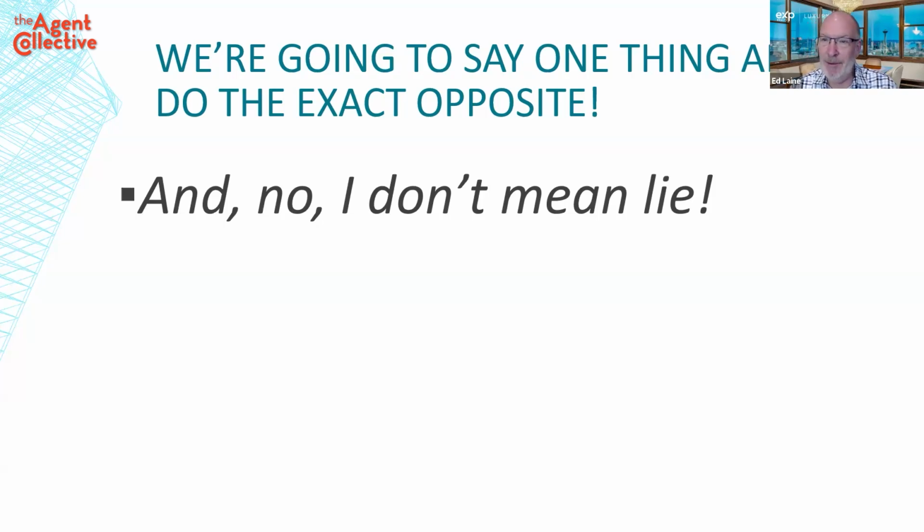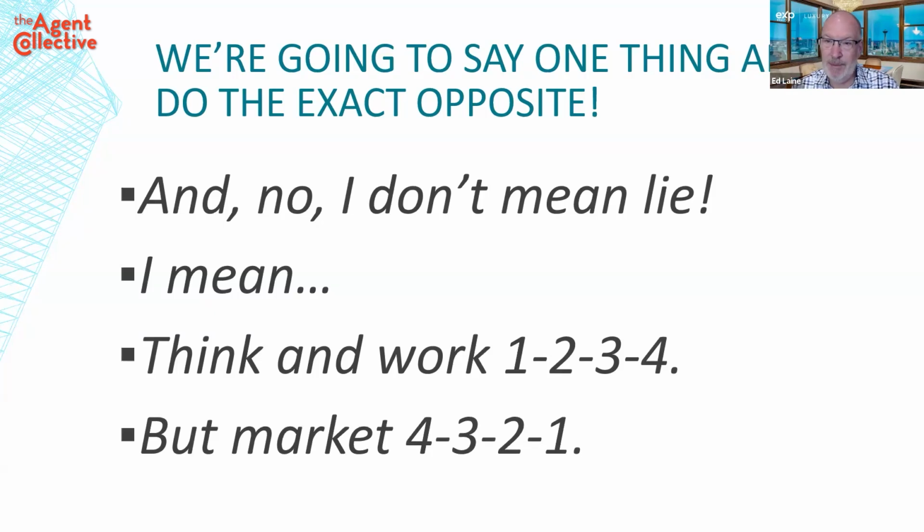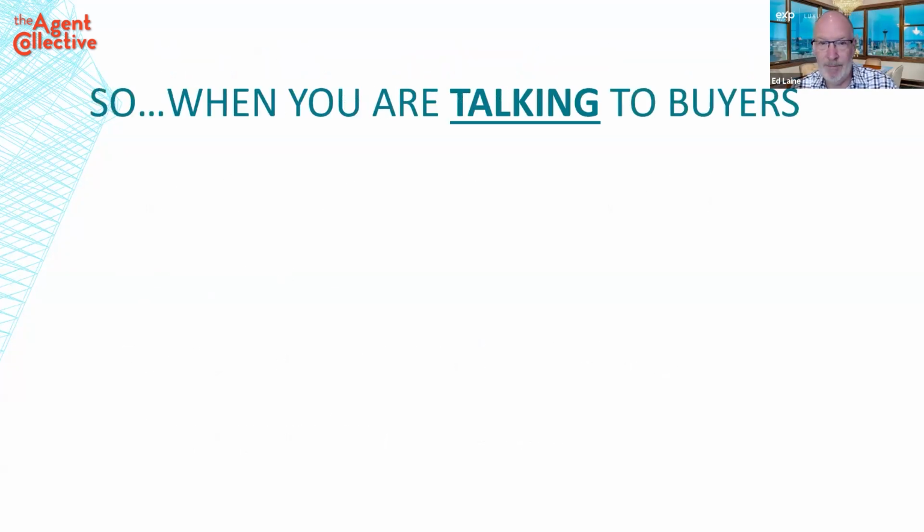I don't mean I lie. I don't mean anything like that. What I mean is if I describe things in a sequence, but then perform them in an opposite sequence, that's not a big deal, right? So I just want you to kind of wrap your mind around that, because that's part of my elevator pitch is how I say it. But then when I actually perform the duties, I do them in the reverse order, right?